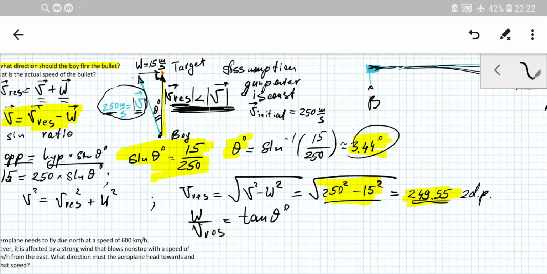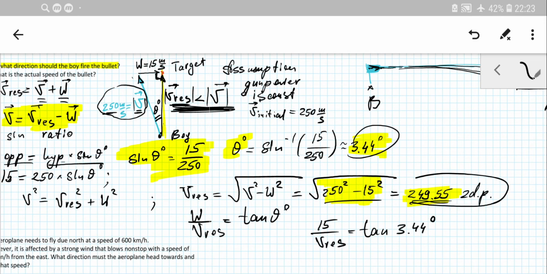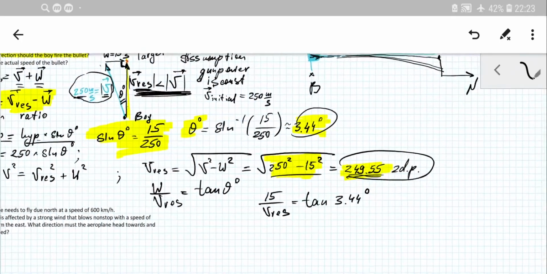You can use any trigonometric ratio, sine or cosine, no matter. You are given all the sides necessary for that. So in this case it turns out to be W, which is 15, over the unknown V resultant, is the tangent of 3.44 degrees. This is a good way to check our previous answer in an alternative way.